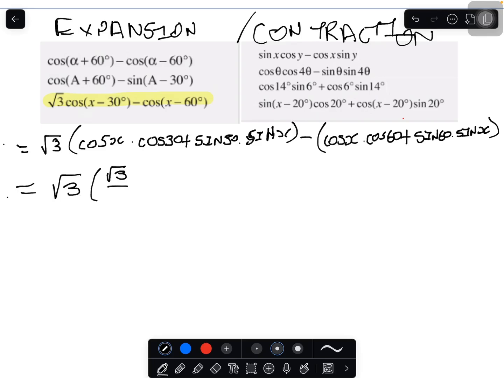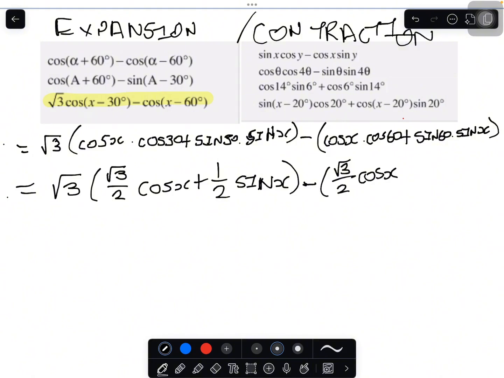So I have root 3 over 2 cos x plus the sine of 30 is a half sine x, close brackets, minus, open brackets, the cos of 60 is a half, so I made an error here.